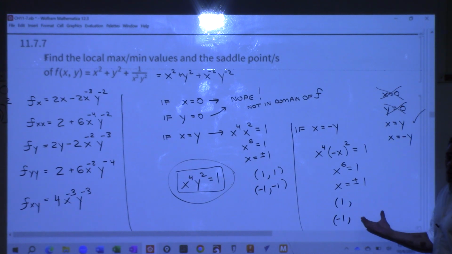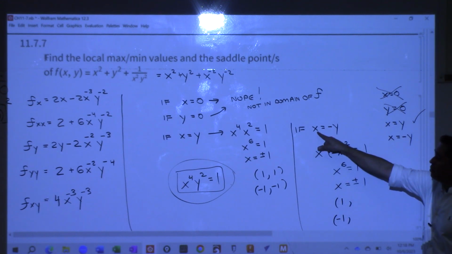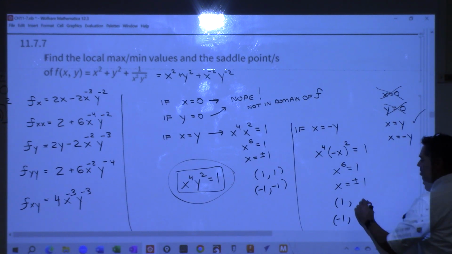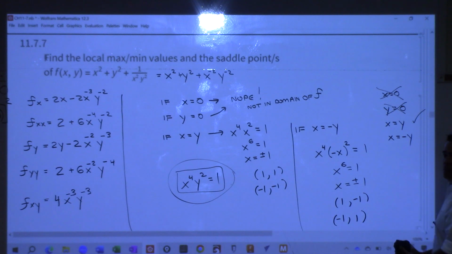But what's y? If x is 1, what's y here? Negative 1, because under this assumption, if x is this, y is the opposite. So this is 1, negative 1, and then negative 1, positive 1. See? They're opposites.